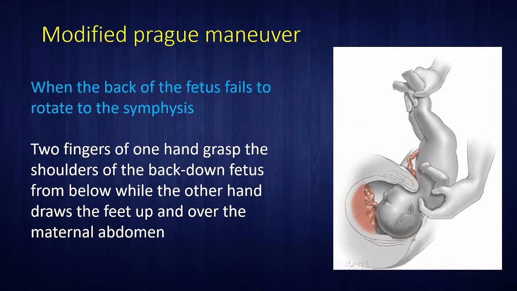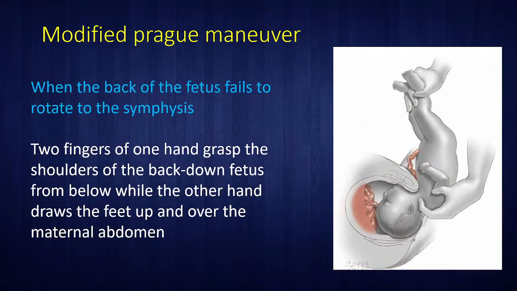Then another method is called the modified Prague maneuver, which can be done whenever the face is anterior. That means if you cannot rotate the baby anteriorly, then by the modified Prague maneuver you can deliver the fetus. This happens when you suddenly see a patient in breech presentation, the body has already come out and only the head is held up.